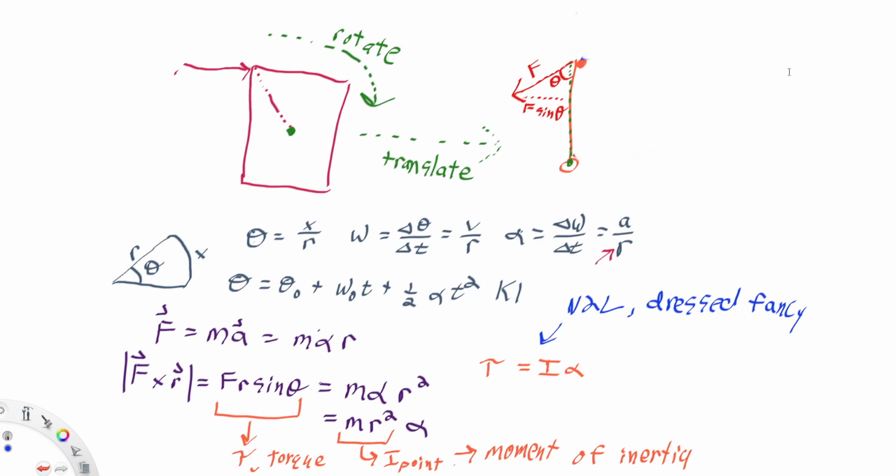So moment of inertia, we want to define in exactly the same way. Moment of inertia is just the resistance of a body to being rotated. Not all objects resist rotation with the same degree of vigor.